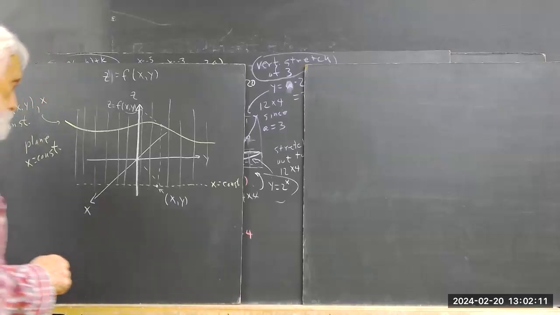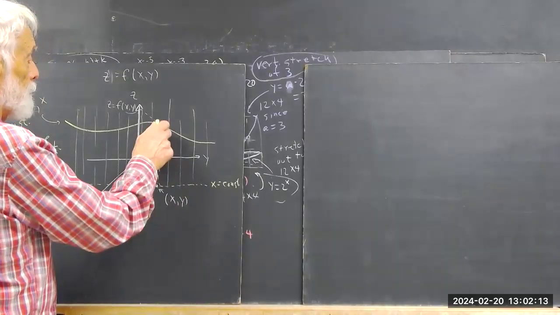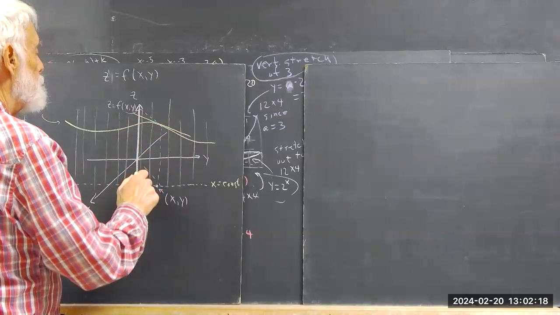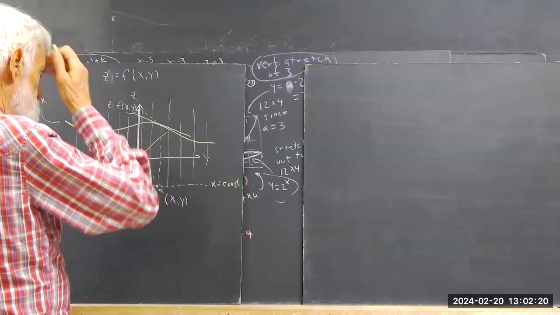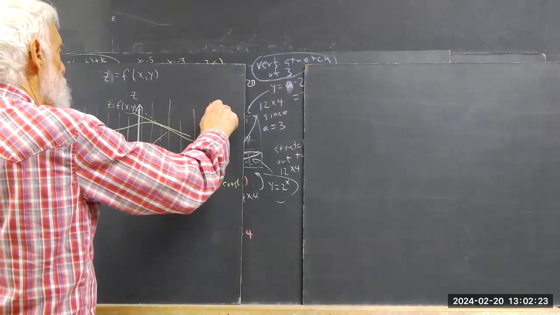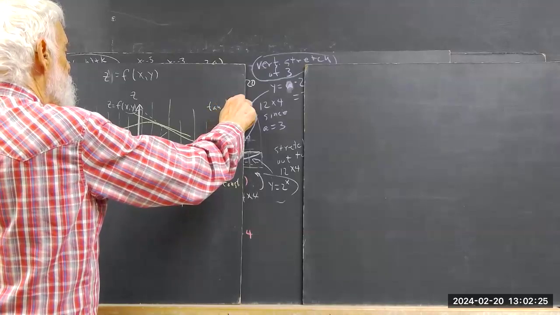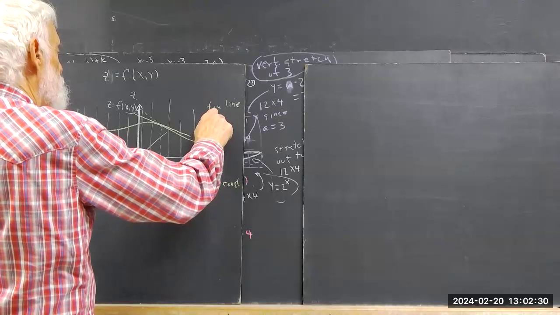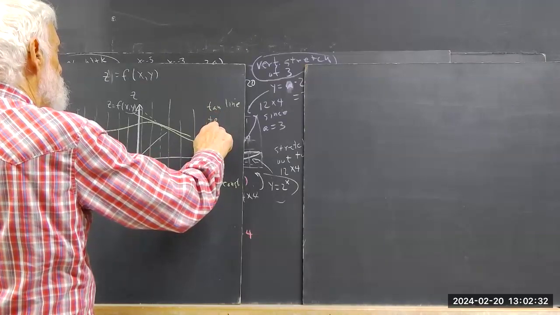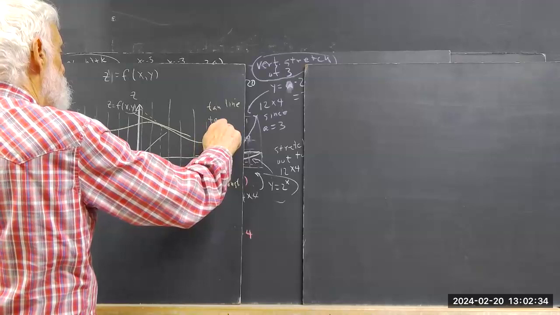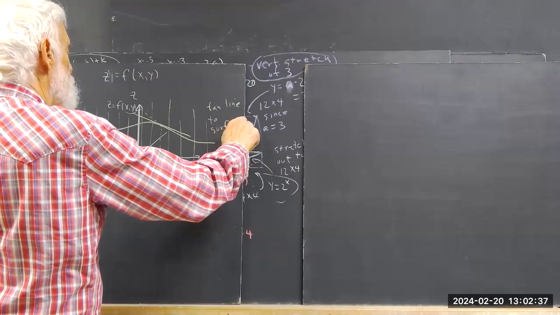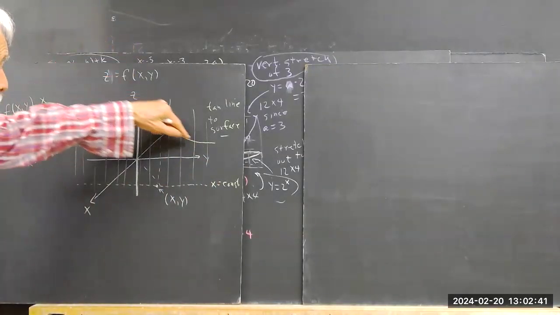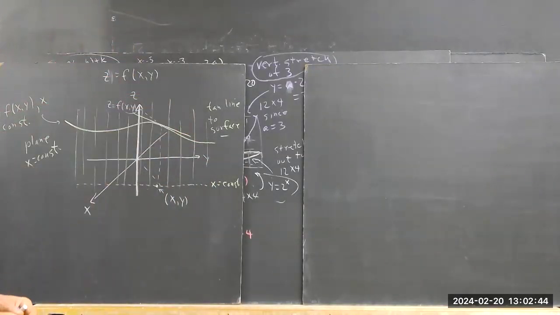Then the tangent line at this point, this line restricted to this plane is your tangent line. Okay.